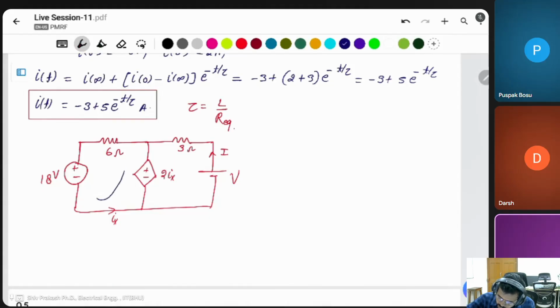In this loop you have already calculated Ix. Simply you can apply KVL in loop 1, and then loop 2. There is no change because of the voltage source. You can apply minus 2Ix plus 6Ix plus 18 equal to 0.